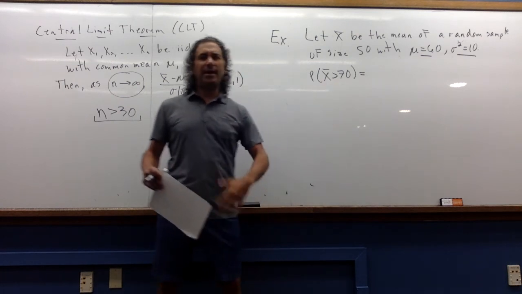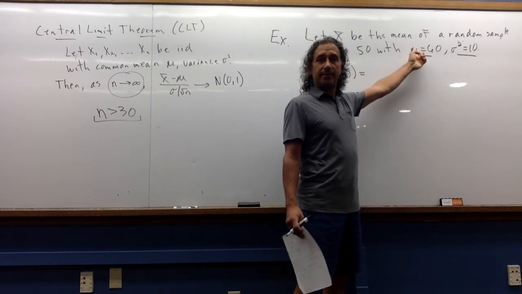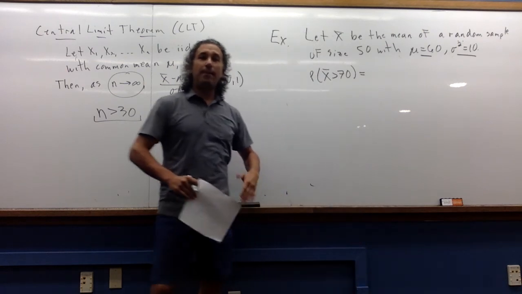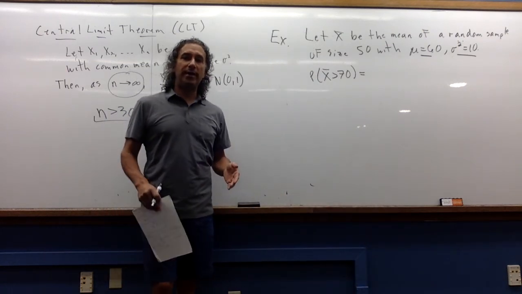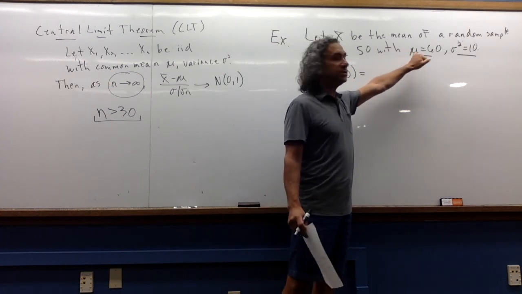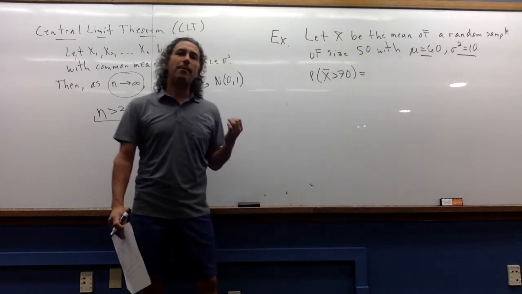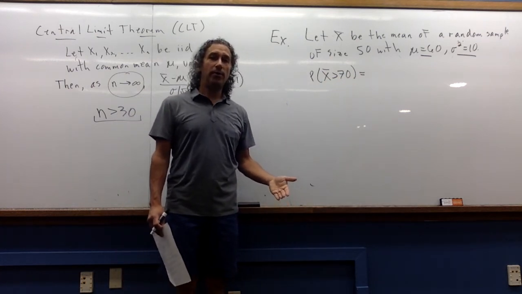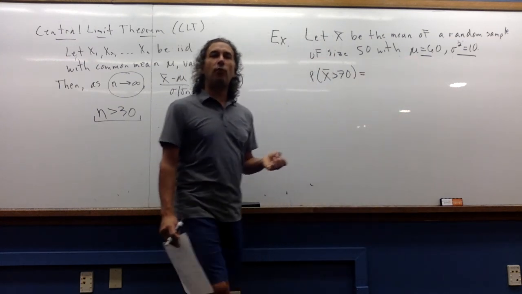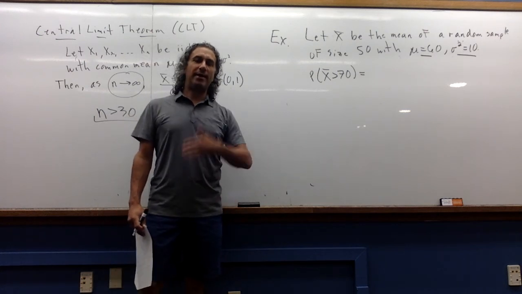So what's the probability that x bar is greater or equal to 70 given this 60? You'll be able to compute that probability using the Central Limit Theorem. If you get 0.001 or 0.003, well then I don't believe this statement. Because somebody's telling me this is true, I get this number, I compute its probability, the probability of that happening is very low, so I no longer believe this. You have just performed your first hypothesis test. More on that in a couple of lectures.